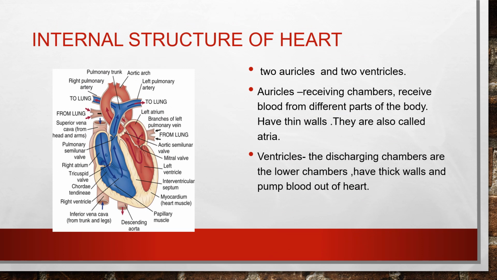When we come to the internal structure of the heart, there are two auricles and two ventricles. Now what are these? The auricles are receiving chambers. They receive blood from different parts of the body, they have thin walls, and they are also called the atria. On the left side of the heart, we can see that this is the left atrium. The left auricle and the left ventricle have oxygenated blood.